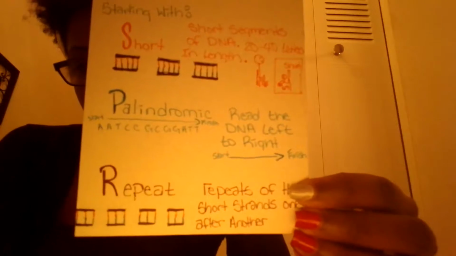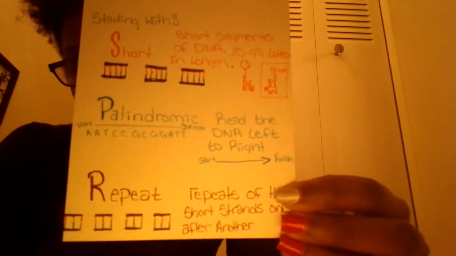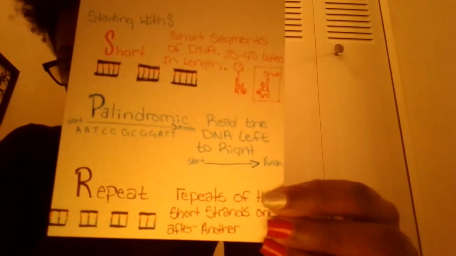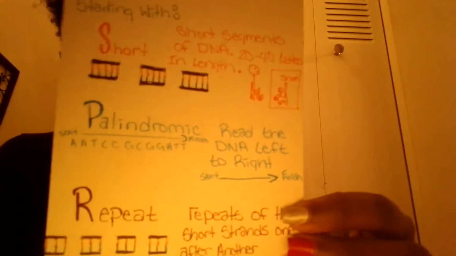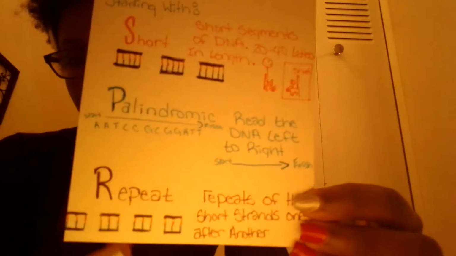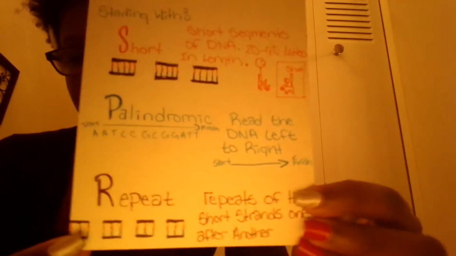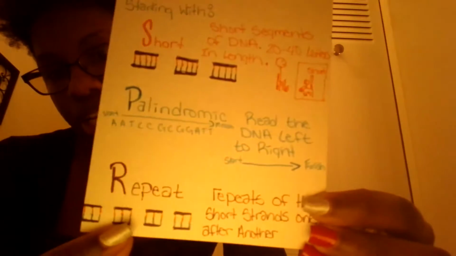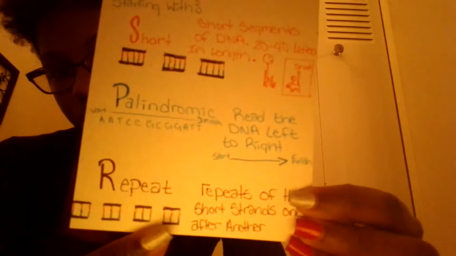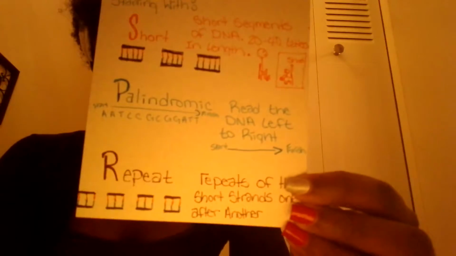It's like if you are in your car and you have your CD player on repeat, you keep repeating the same song over and over again. In this case, you continue to repeat the short DNA strands over and over again. They are identical.